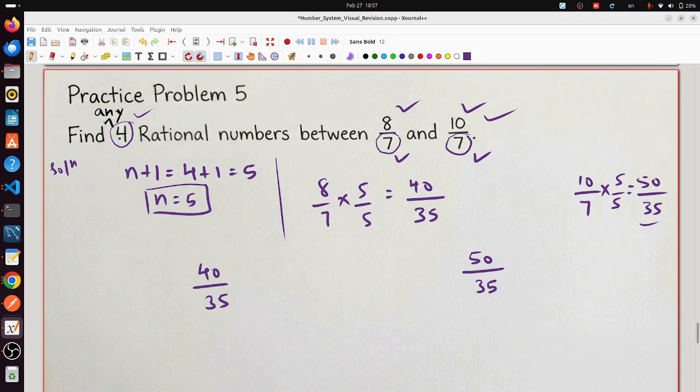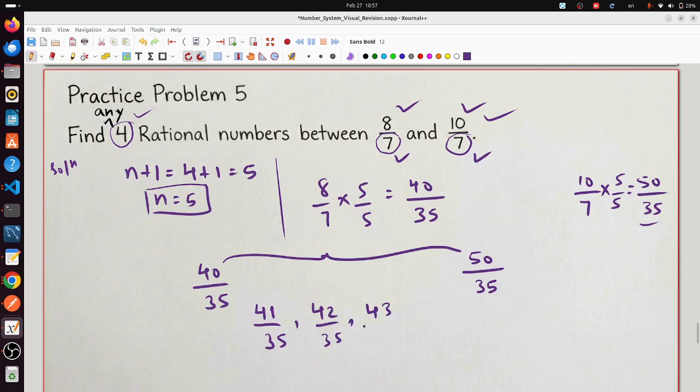Now find the 4 rational numbers. What are our 4 rational numbers? Any 4 rational numbers you can take in between these. Those are 41 by 35, 42 by 35, 43 by 35, 44 by 35.